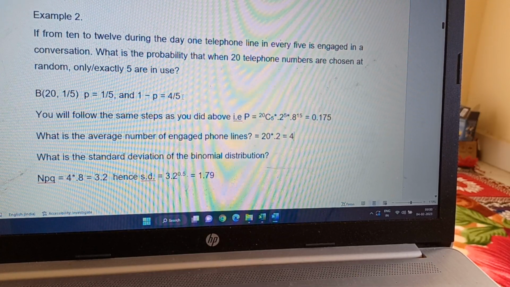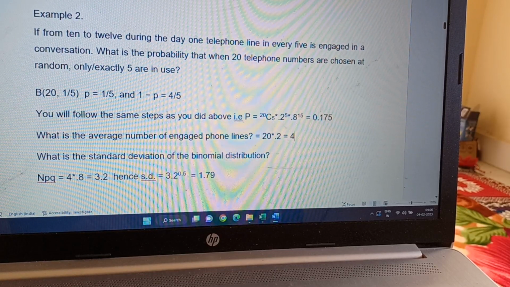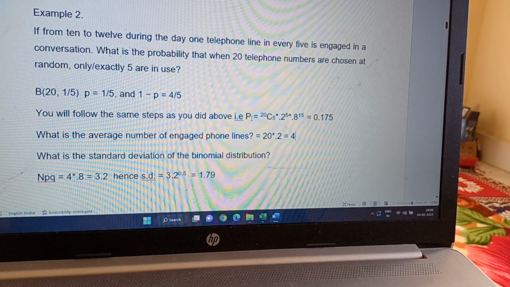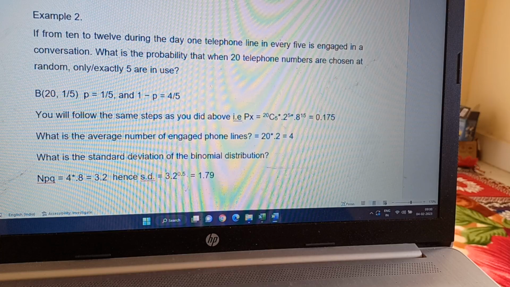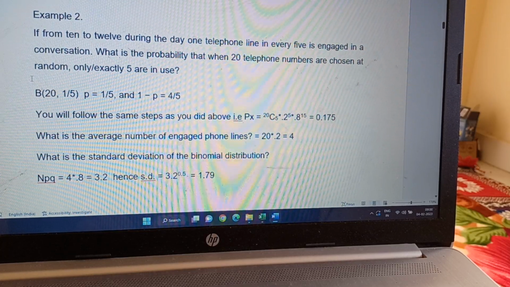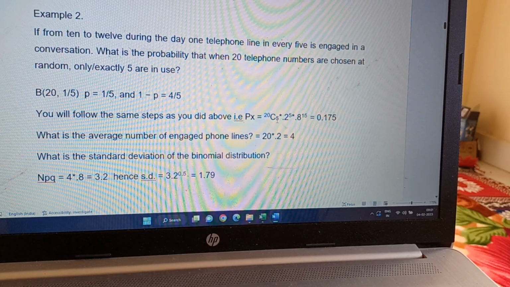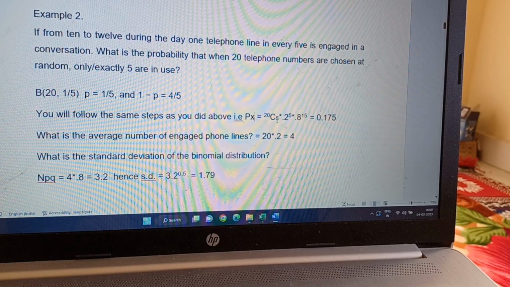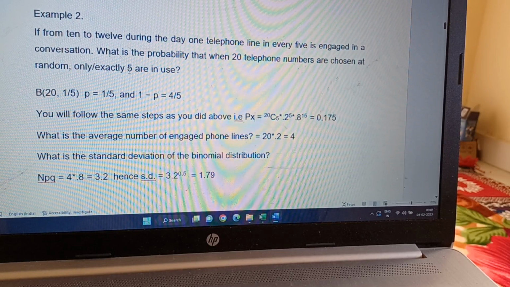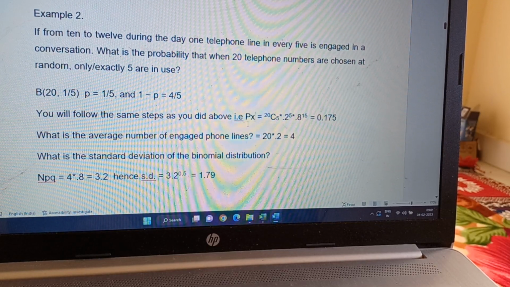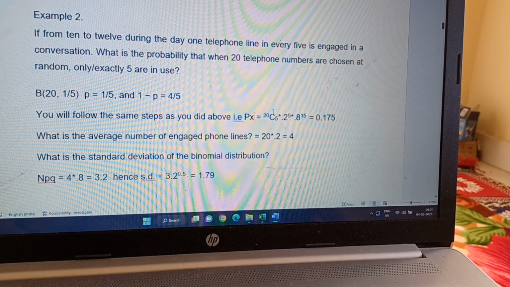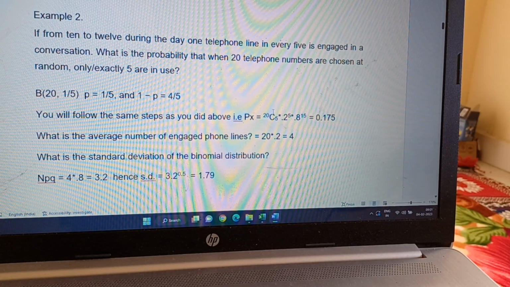So we will follow the same steps that we did earlier, means P(x) is equal to, n is 20, so 20 choose 5, means 5 is that of exactly 5 are in use. So this can be first 5, means 1, 2, 3, 4, 5, or it can be last 5 also, means phone number 16, 17, 18, 19, 20.